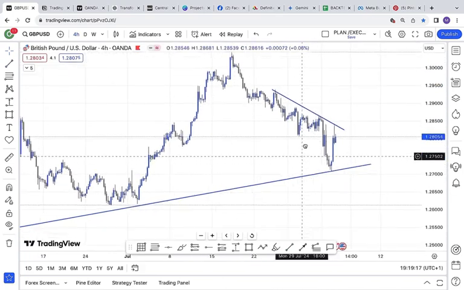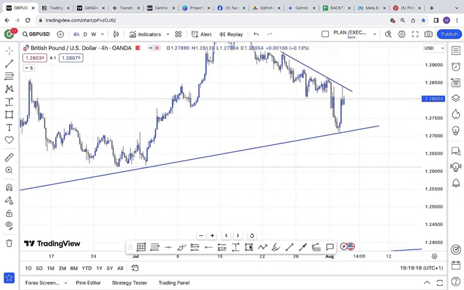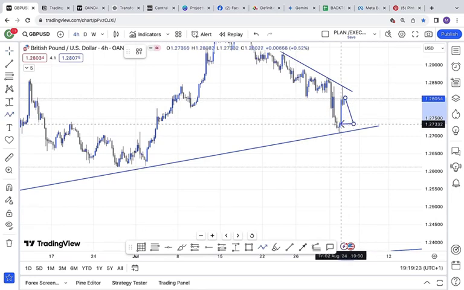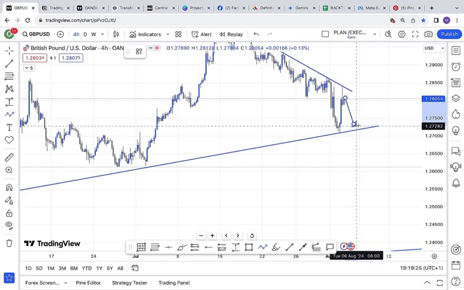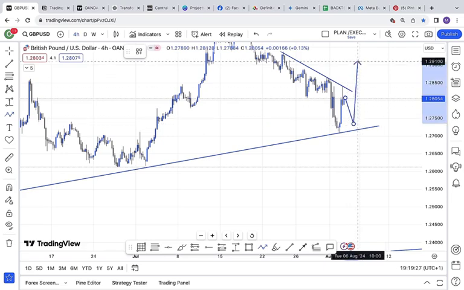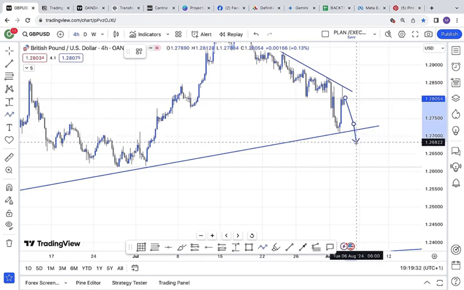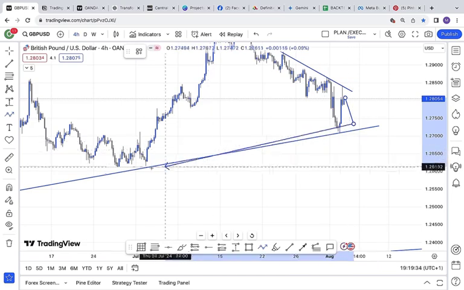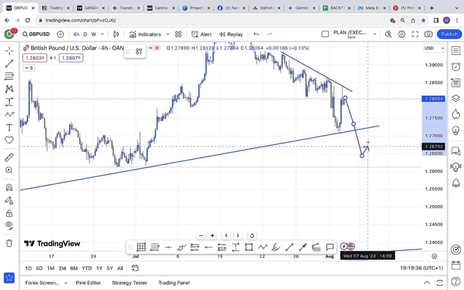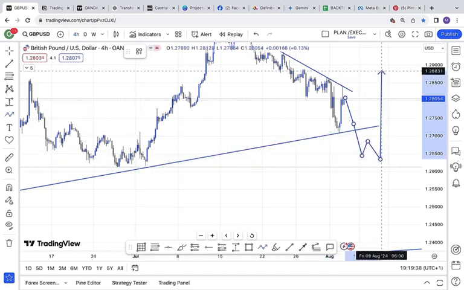So it's either price will from here move down and mitigate this demand zone here, then start moving to the upside, or price will break out this trend line, take out all the liquidity here, then give us a pattern to start moving to the upside.